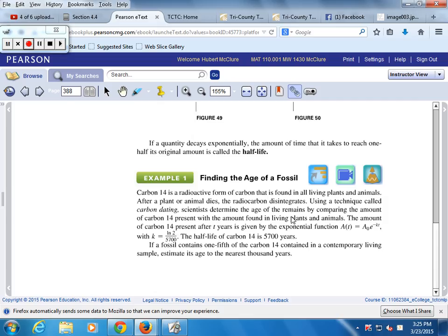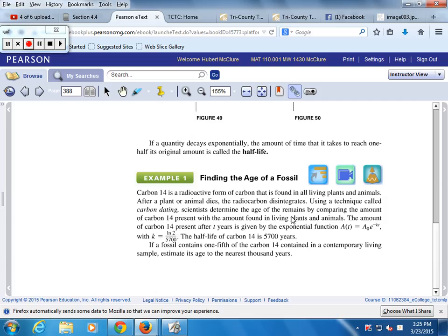The amount of carbon-14 present after T years is given by the exponential formula, which is your decay, with K equal to that. The half-life of carbon is 5,700 years. If a fossil contains 1/5 of the carbon contained in a contemporary living sample, estimate its age.